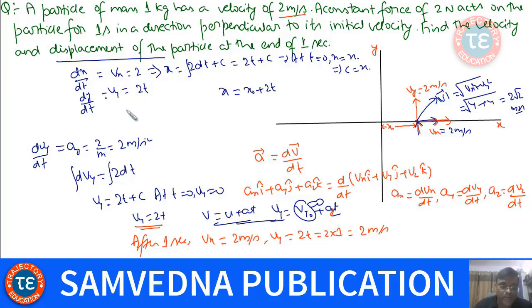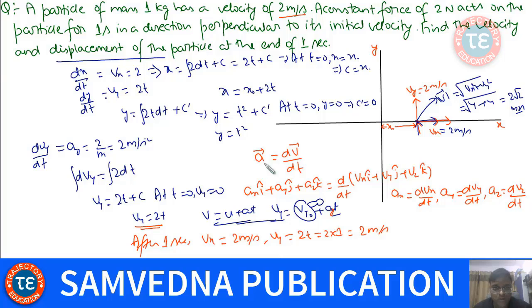And from here, what do we have? y equals integral of 2t dt plus some constant. So that will give you y equals t square plus c dash. And at t equal to 0, your y coordinate is 0. So that gives you c dash equal to 0. So y is t square.